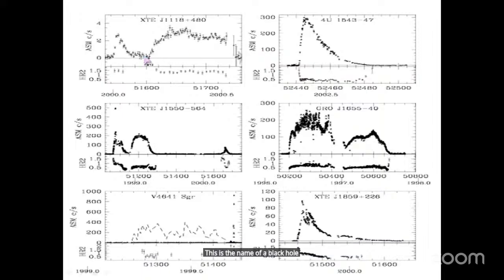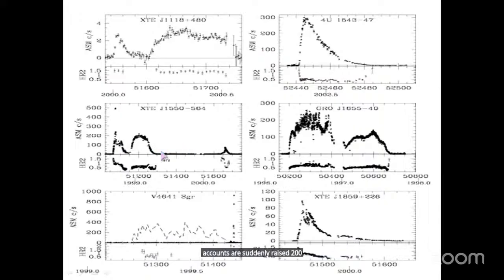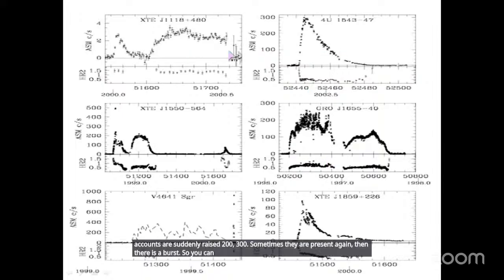And you can see that most of the time, the X-ray counts are very, very small. It's quiescent. It's very close to zero, so you don't expect anything. But sometimes you can see that the counts suddenly rise to 200, 300. Sometimes they are quiescent again, then there is a burst. These are a few of the black holes, almost 6 black holes, whose light curves I have shown. We call them light curves.